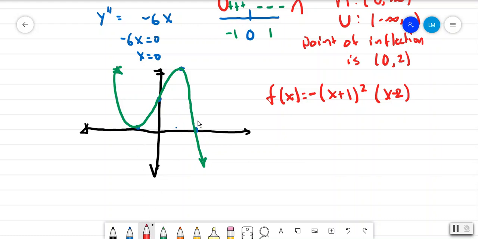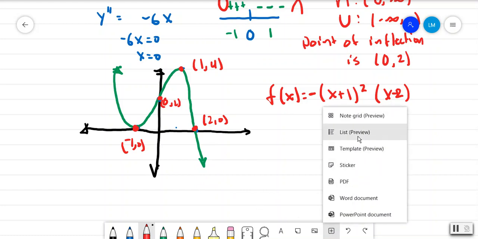So we have 2, comma 0, there's 1, comma 4, there's 0, comma 2, and then there's -1, comma 0. If it's off by a little bit, it's a sketch, so it's not meant to be perfect, but if you do plug in enough values, eventually you'll get the exact same thing.